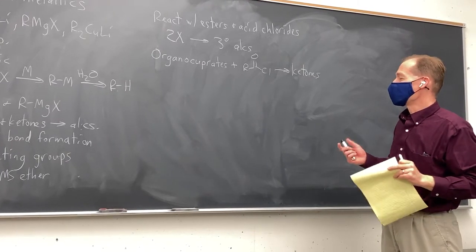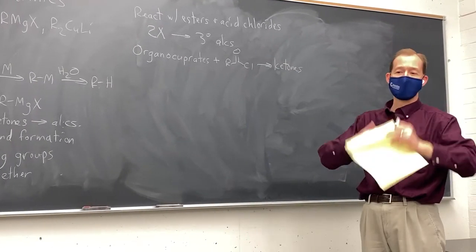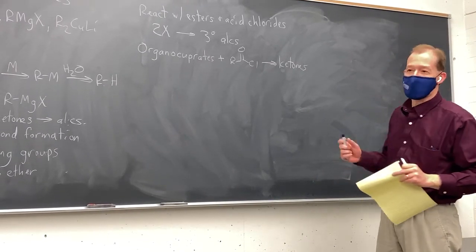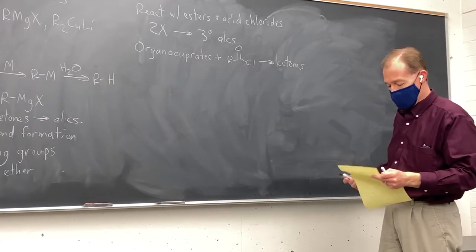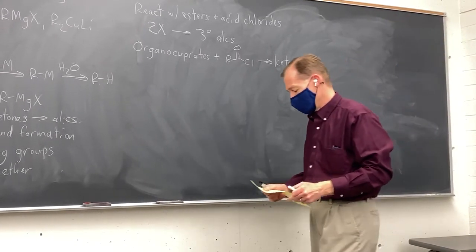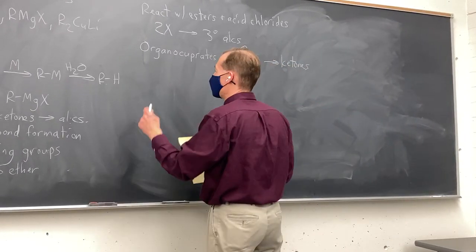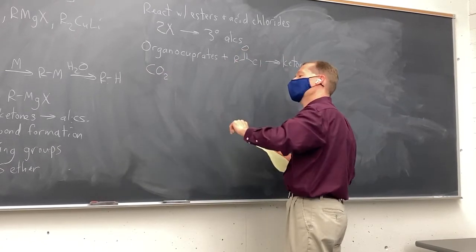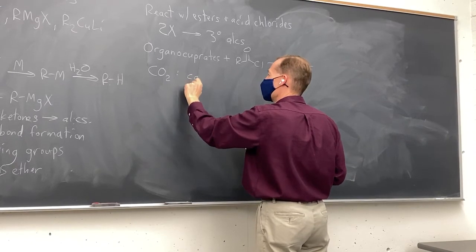Our organocuprates are less reactive than our Grignards and our organolithiums, so they can react by different mechanisms. That different mechanism allows it to stop at the ketone. This was one of the mechanisms we did not learn, though, so we just have to memorize the outcome of this reaction.